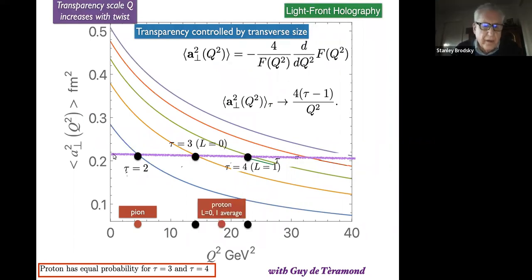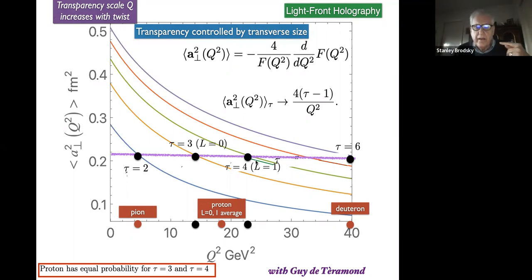If you look at A perp squared for each hadron, it depends on its twist. Here's where the pion is, it's twist 2, just quark, antiquark. When you get to the proton, it's got two components. It's got the twist 3 component, which is the part with just L equals 0, and a twist 4 component, which, as we discussed before, is essential for the Pauli form factor.